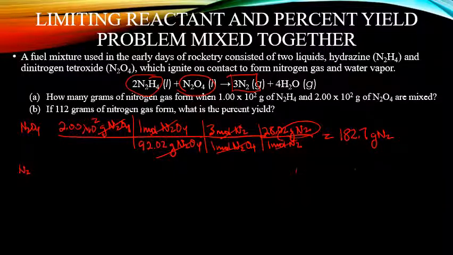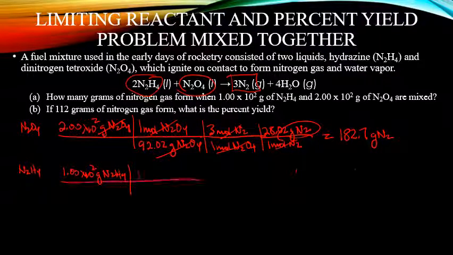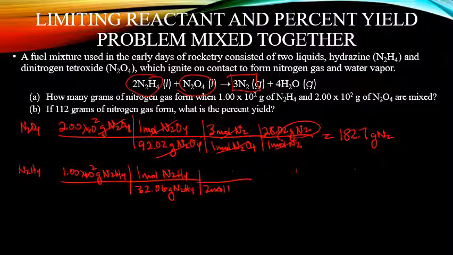So if I look at the N2H4, we started with 1.00 times 10 to the second grams of the N2H4, and in this case 1 mole of N2H4. If we use our periodic table, that would be 32.06 for the grams. And now my mole ratio, 2 moles of N2H4 produce 3 moles of N2.